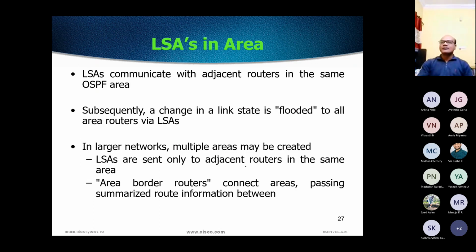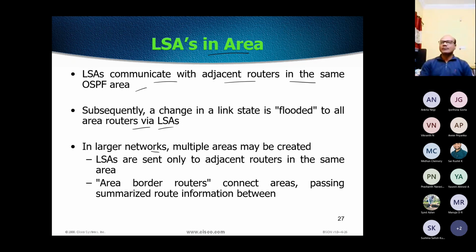So LSAs in the area, guys. LSAs communicate with adjacent routers in the same area 0. Subsequent link changes are flooded to all the routers via LSA. As you know, LSA means link state advertisement. It advertises: this is my new update, I have got a new network connected, so please take this update.